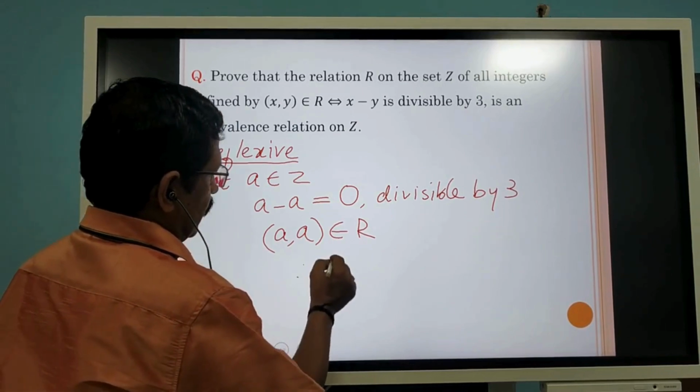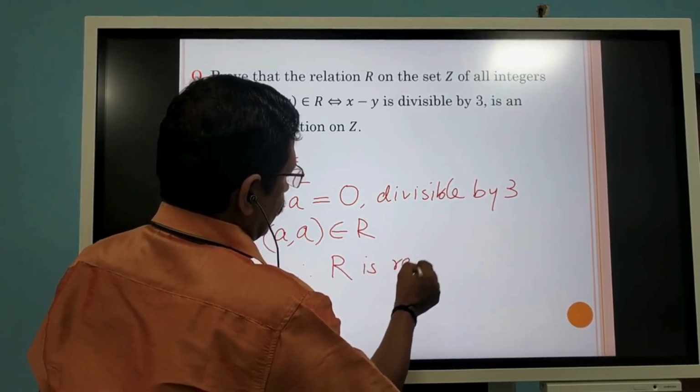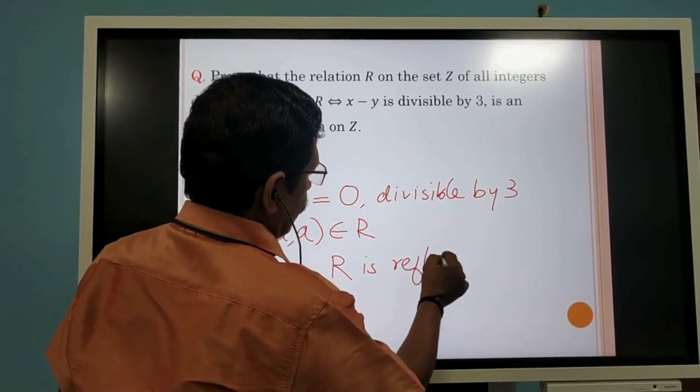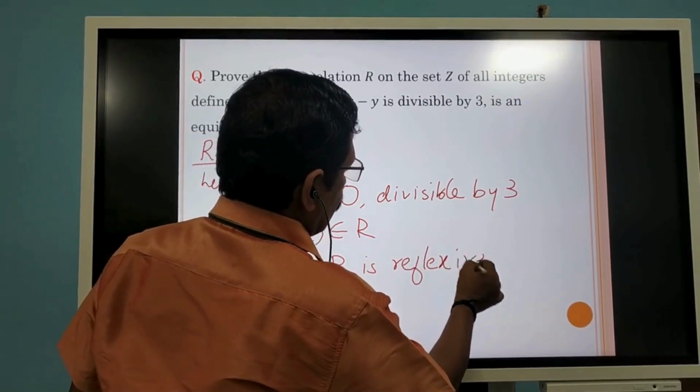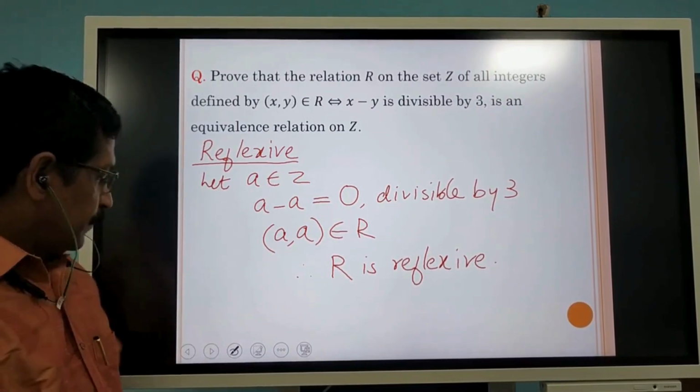Therefore, R is reflexive. So, that part is over.